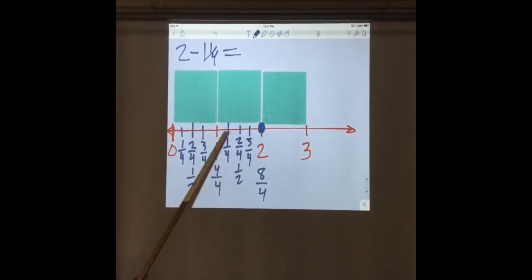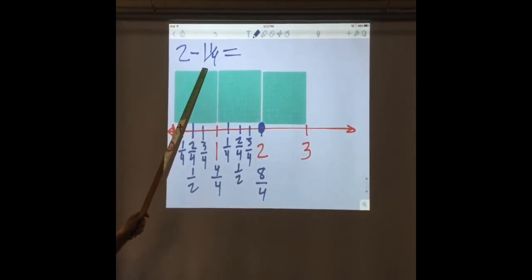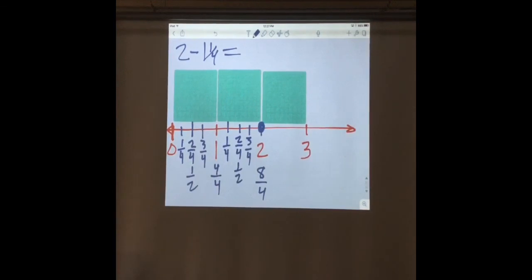And then how far do we go over? 1 and 1/4. Well, this is where our mixed number comes in handy. We go over 1 whole, and then how much more? 1/4, and that's where we put our dot. What's our answer? 3/4. Do you see how easy that is?